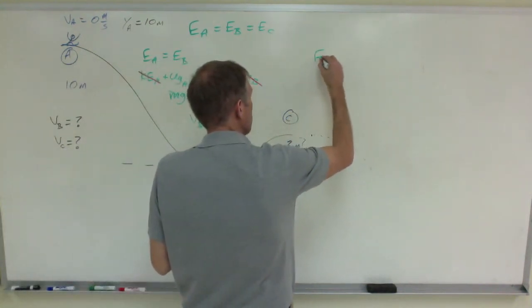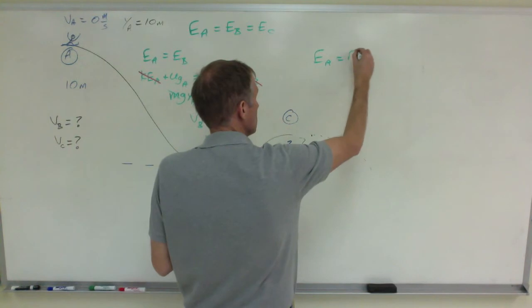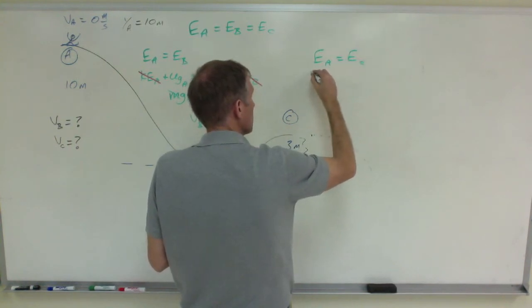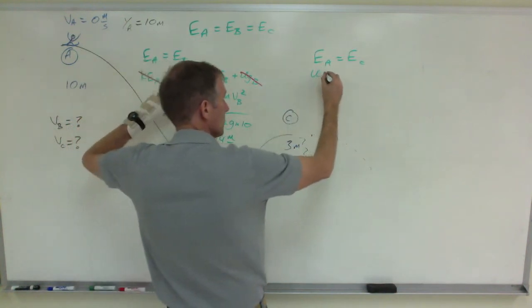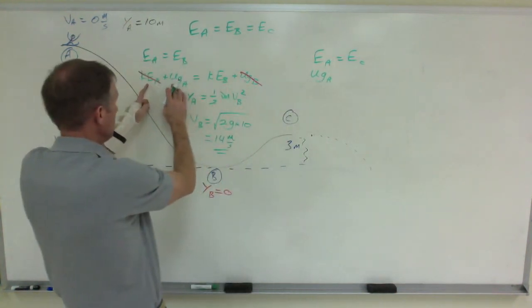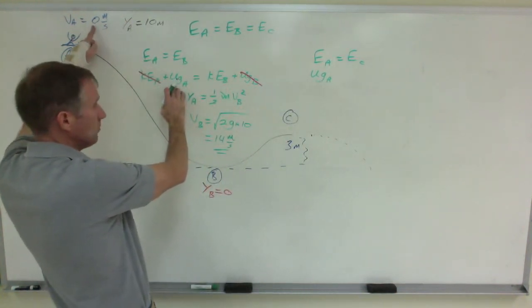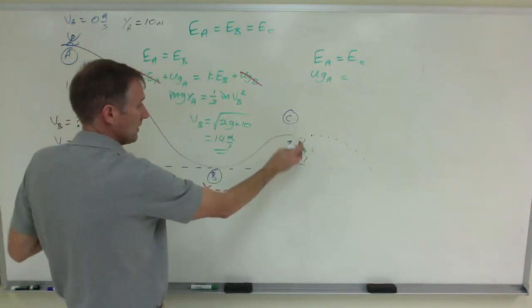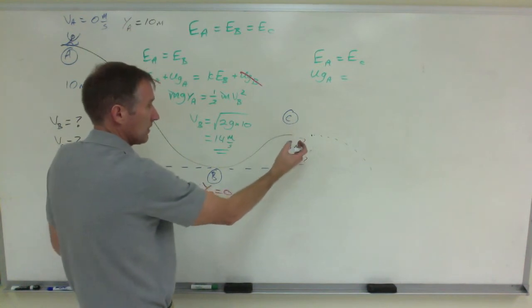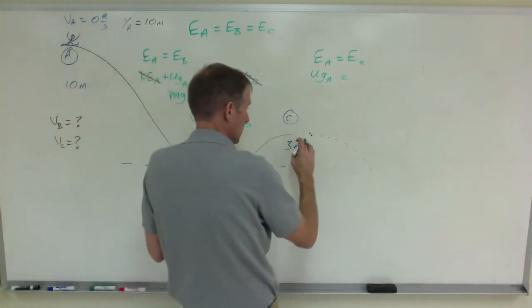So I'm going to just compare A to C. That, as you already know, is all gravitational potential. We crossed out the kinetic because it had no speed at the very beginning. And then at C it has some height, and the rest is going to be speed.